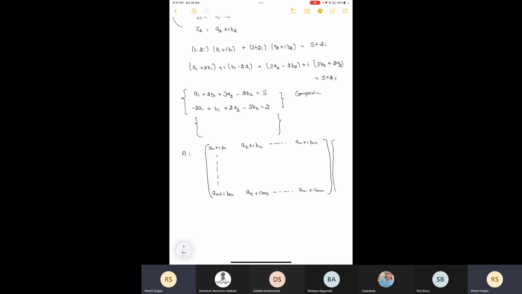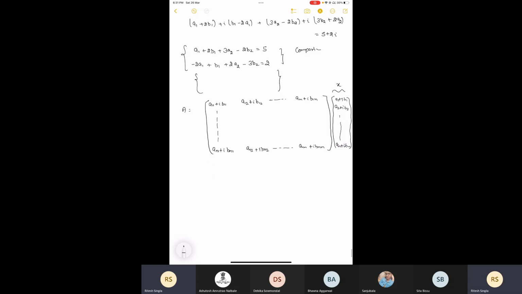Into this you will have the vector a1 plus i b1, a2 plus i b2, and so on, an plus i bn. This is your matrix A, this is your vector x, and for B, it will be something of this sort: c1 plus i d1, c2 plus i d2, and so on, cn plus i dn.